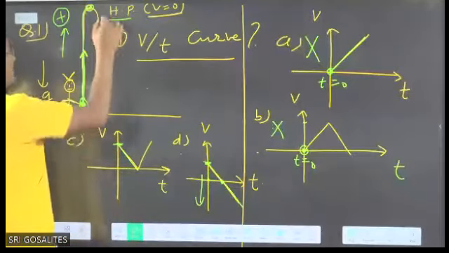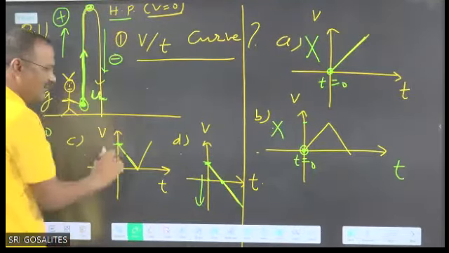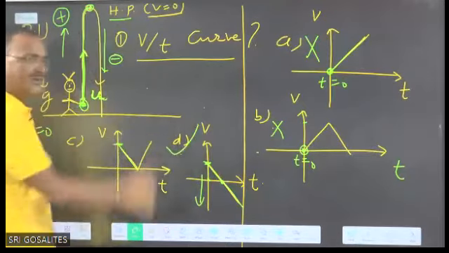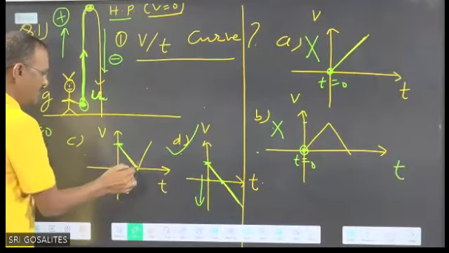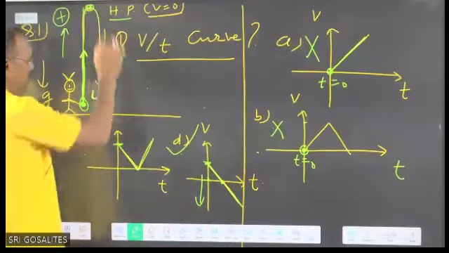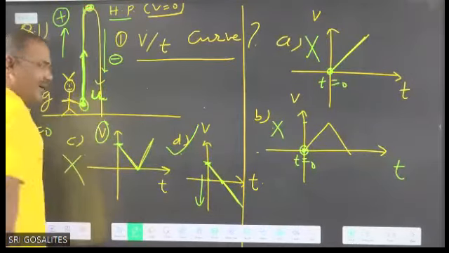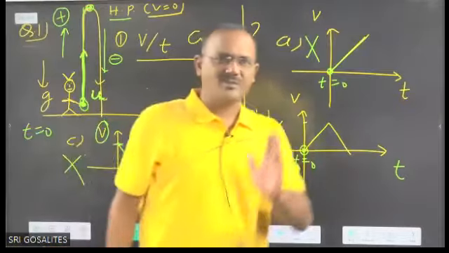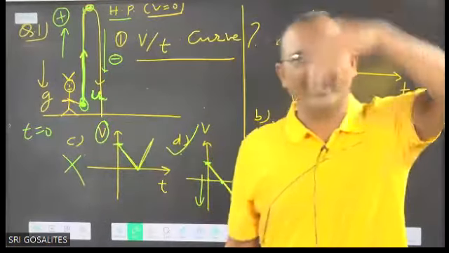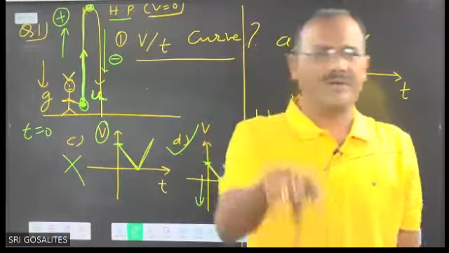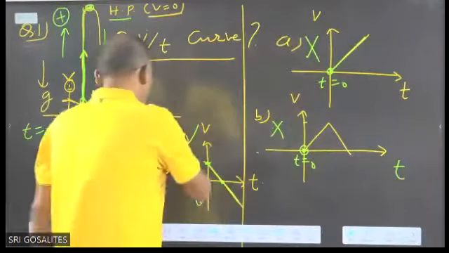Here it was plus, so now velocity is increasing in the minus. So the right choice is D, not C. Because direction is important for the velocity because velocity is a vector quantity. First it is moving up, then it is moving down. So the graph is this one, D.